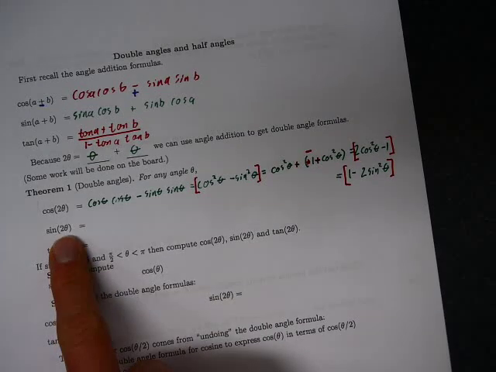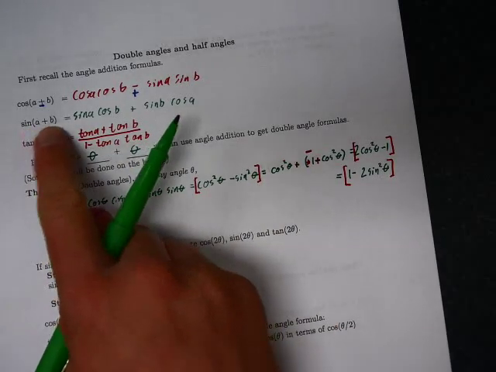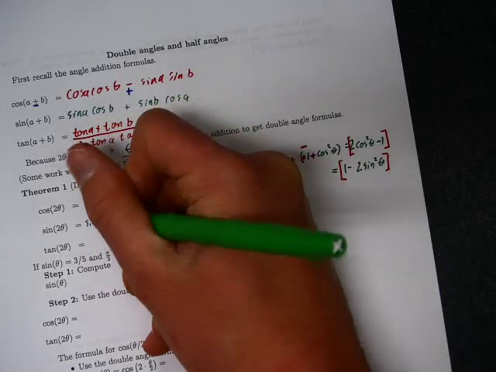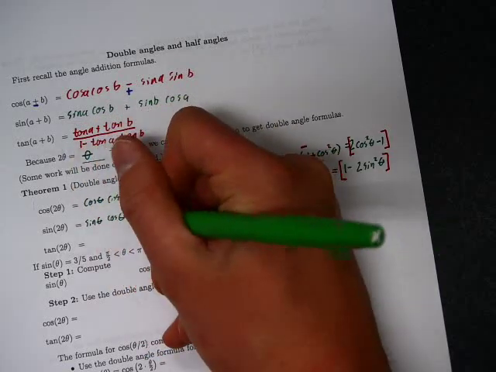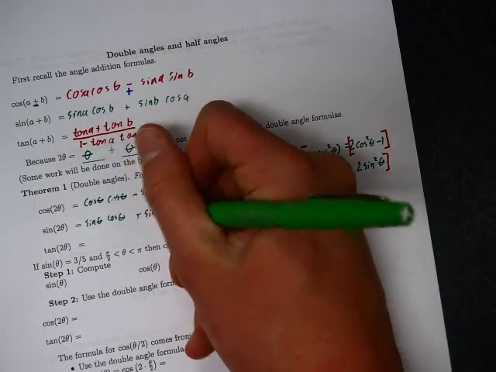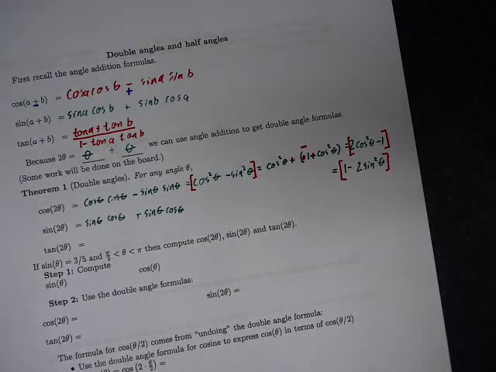Sine 2 theta, we can figure out a formula for that by doing the same thing. That should be the same thing as the sine of theta plus theta. So that'll be sine theta cosine theta plus sine theta cosine theta. And what does that simplify to?